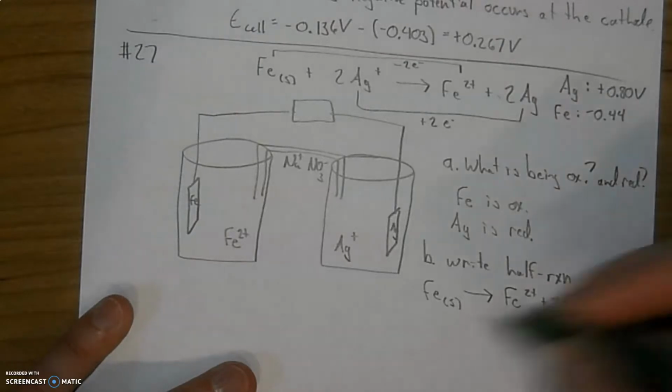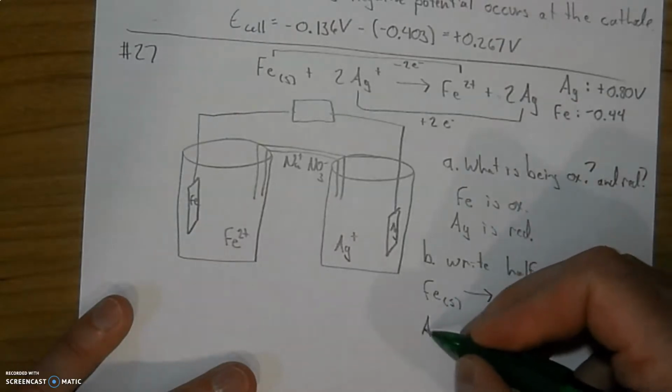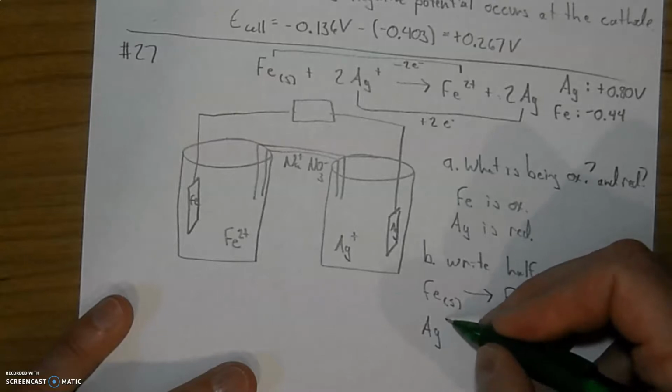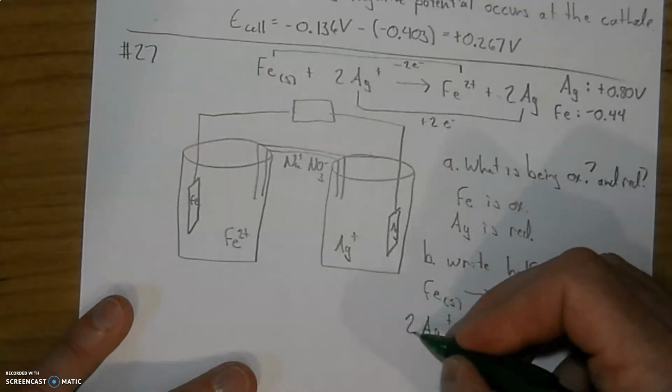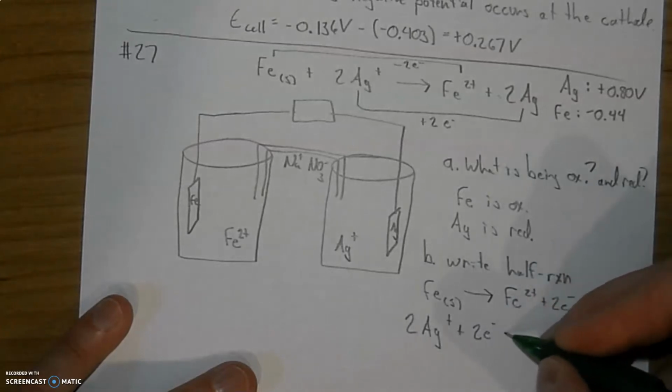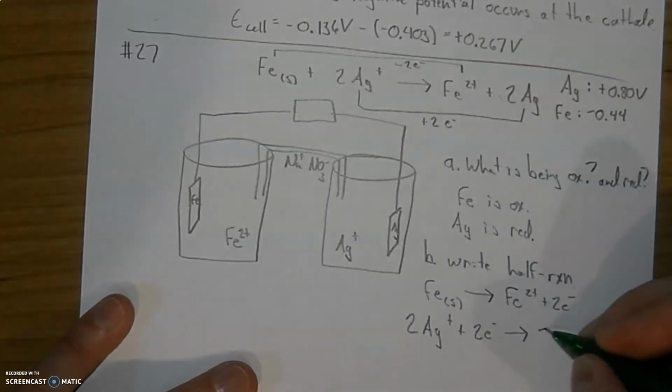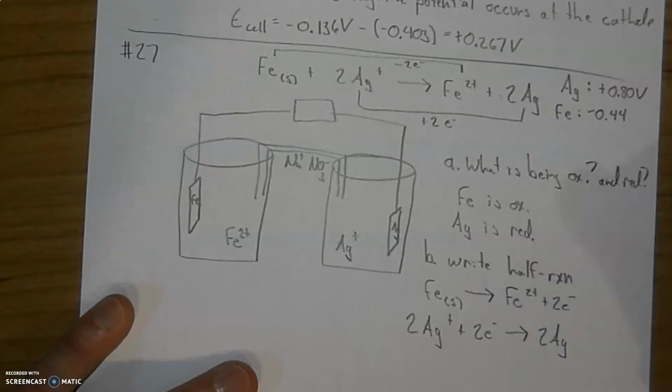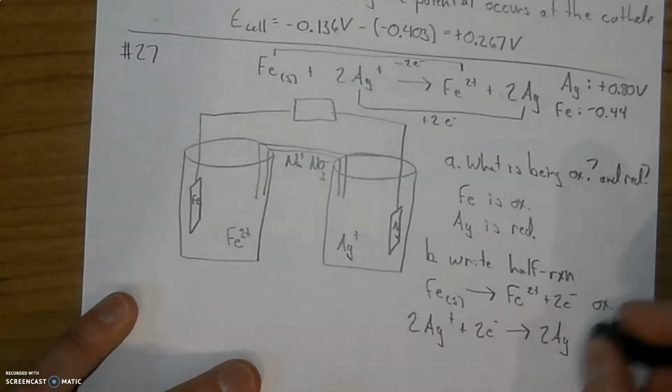And then with the silver, you're starting off with ions, and there's two of them. That seems to be gaining some electrons. I already wrote that down up above. And again, just to be clear, this was oxidation, and this is reduction.